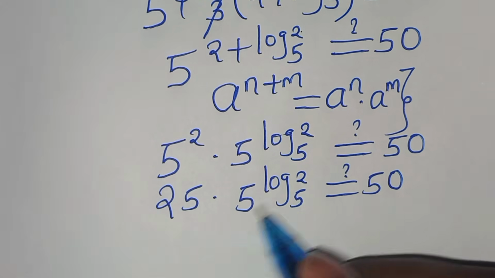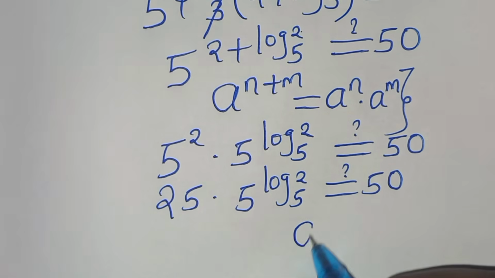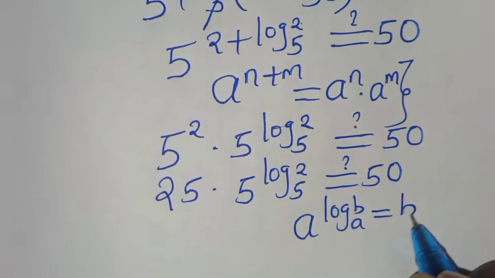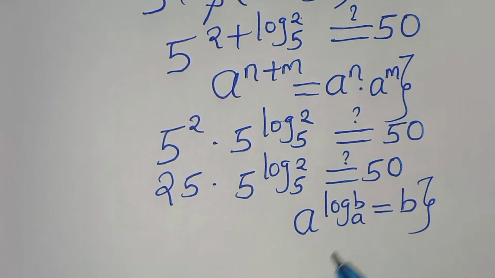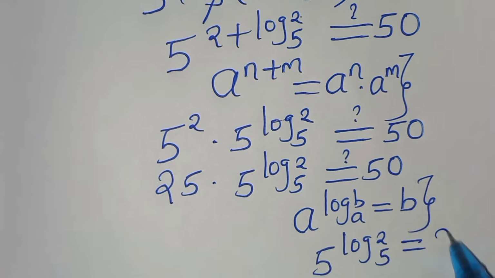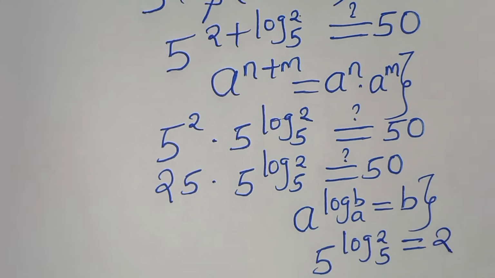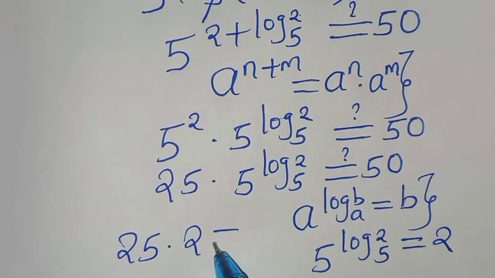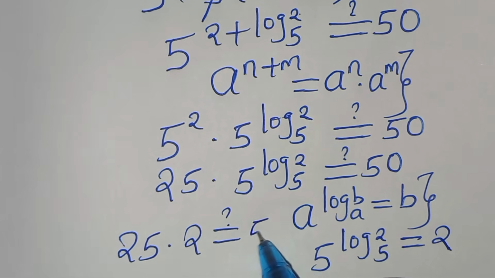Now, 5 to the power of log 2 to base 5, this is in the form of a to the power of log b to base a, and this should give us a value of b. Applying this logarithm property, then 5 to the power of log 2 to base 5, this is the same thing as 2. So we have 25 multiplied by 2. This should give us a value of 50.